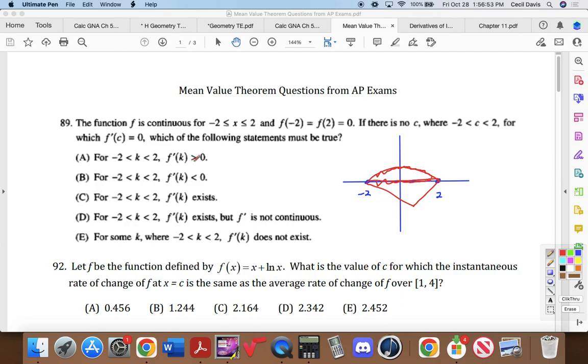Between -2 and 2, the derivative is always positive, followed by the derivative is always negative. Well, I drew something. Is the derivative always positive or always negative on this? No. If it was always positive or always negative, the function would either be always going up or always going down. It can't get back to 0 if you don't switch directions somewhere.